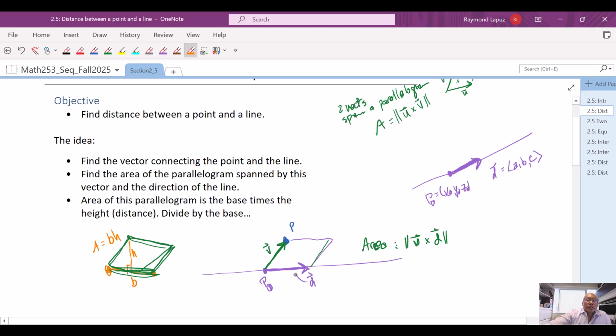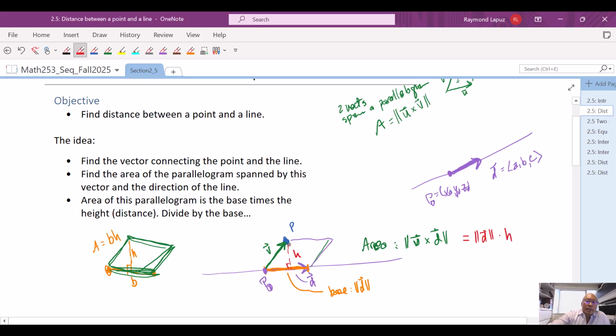If we look at our scenario here, the base is going to be the magnitude of D. And then the height, well, we don't know the height. This would be the height. So the area, we're saying, is also equal to the base, the magnitude of D, times the height.